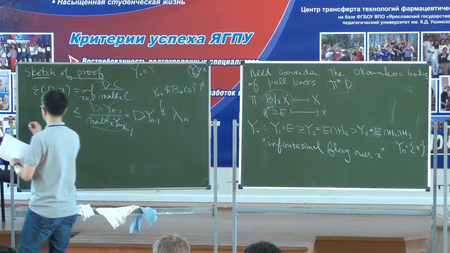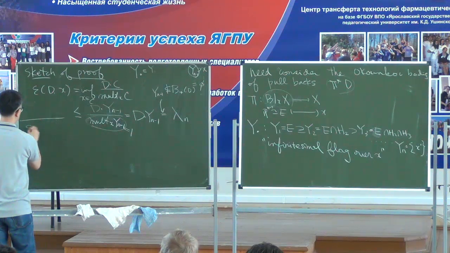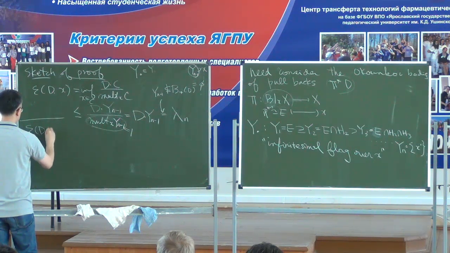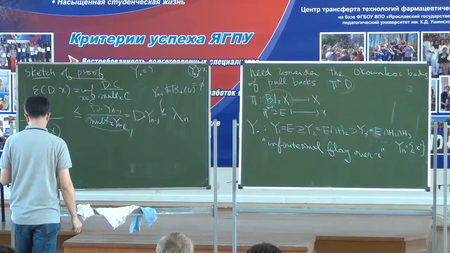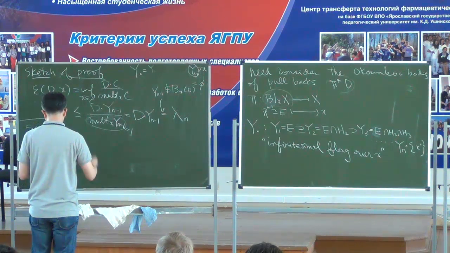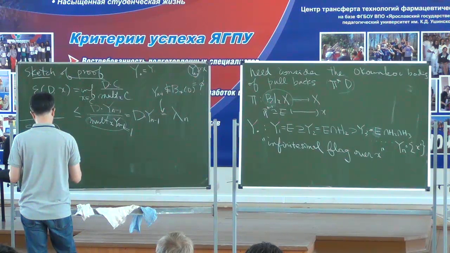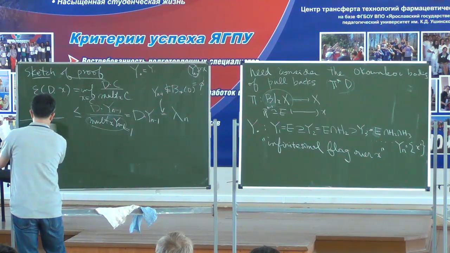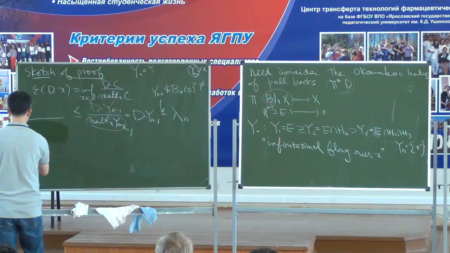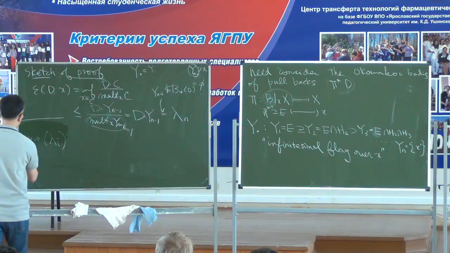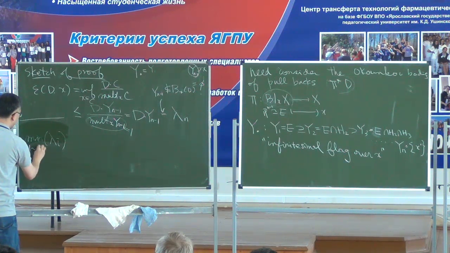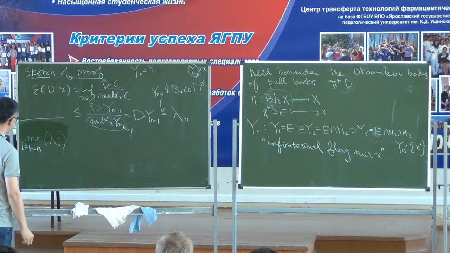And the lower bound is also easy. This is just induction. Okay, so let's start from this minimum of lambda i, where i is from 1 to n, right?